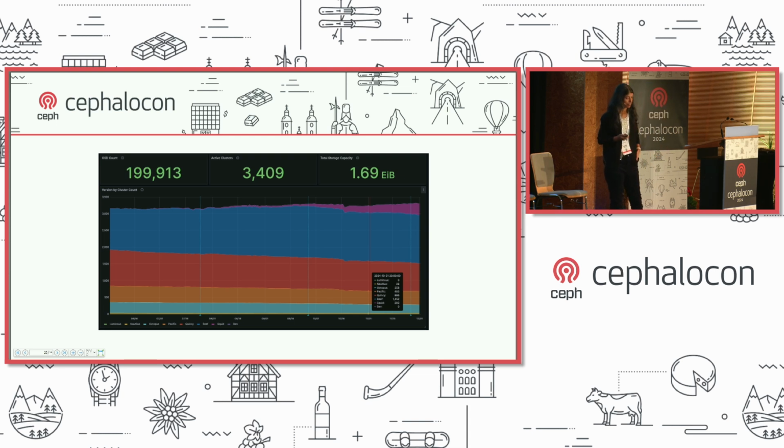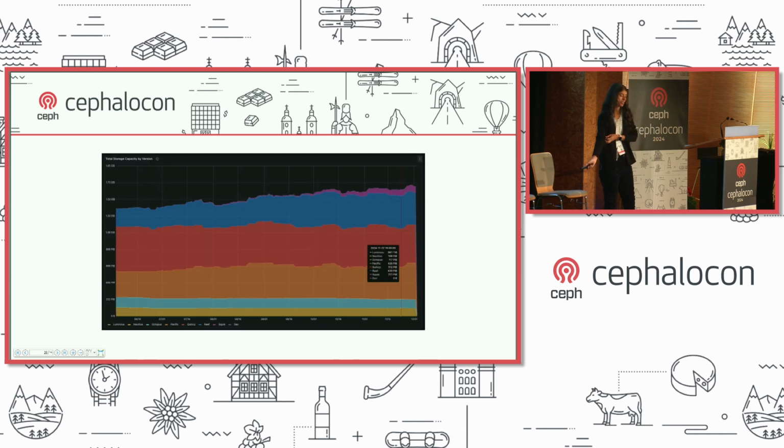We can look at what versions these clusters are running, and we can see that the most popular version right now is Reef. You can see that little purple line at the top, which is Squid, and you can see the annotation there. There's a mark where we actually released Squid.